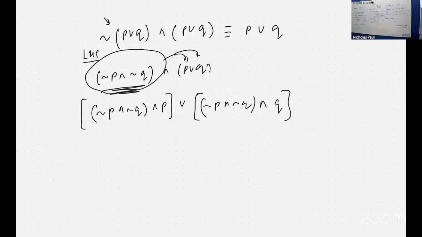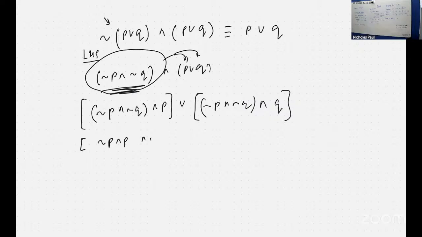Right now, we're going to simplify inside each bracket. So inside the bracket here, I'm going to get the negation of P and P and the negation of Q. I just put them together.